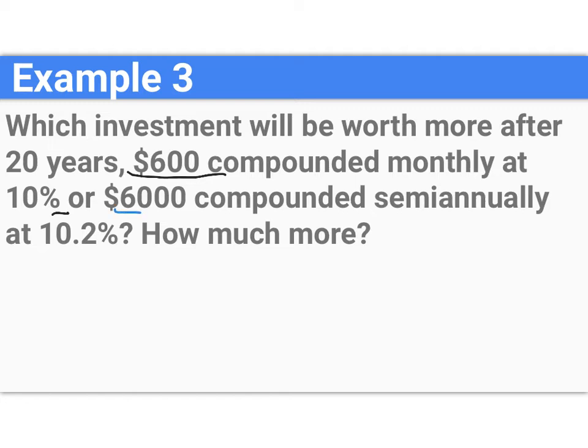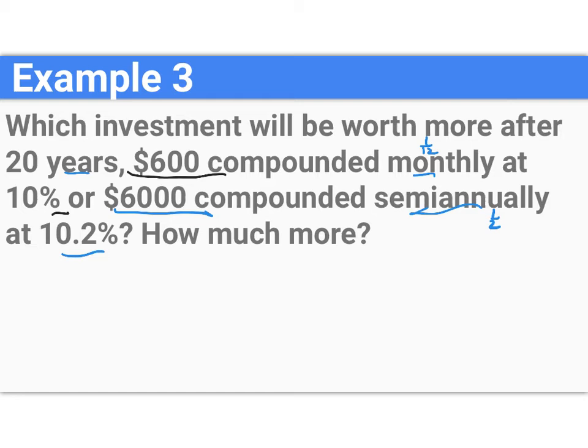Here's our principal, here's our interest rate, here's our time. This is years and this is months, so you're going to have to convert this one to years, which is 1 over 12. Each month is 1 over 12. Semi-annually is half a year. So let's convert those to years, and then we can move on.